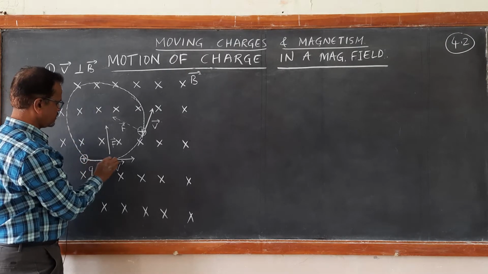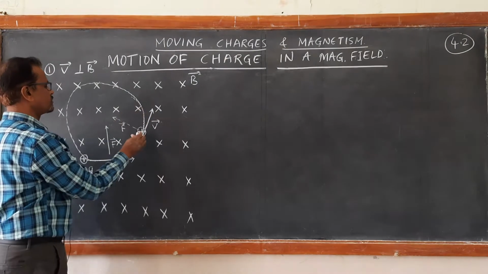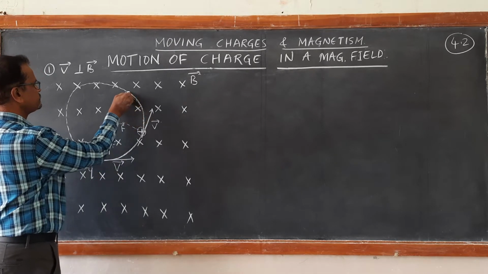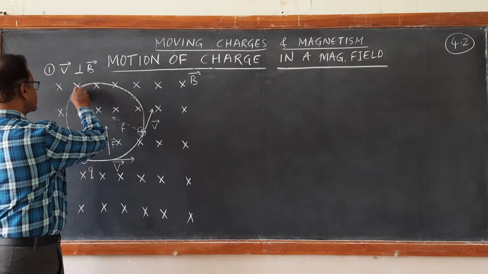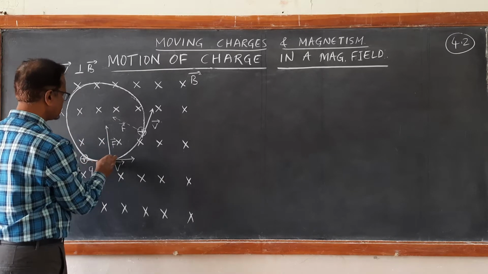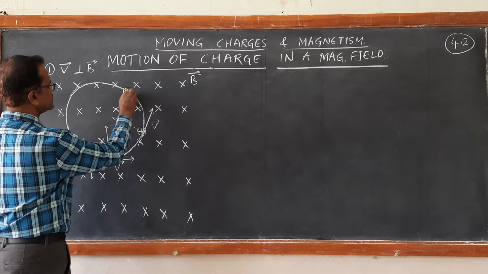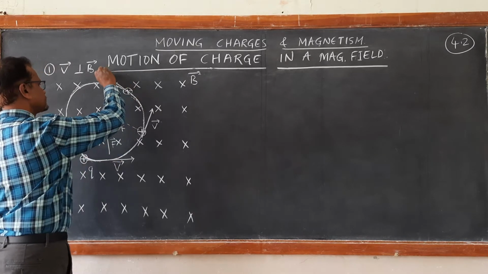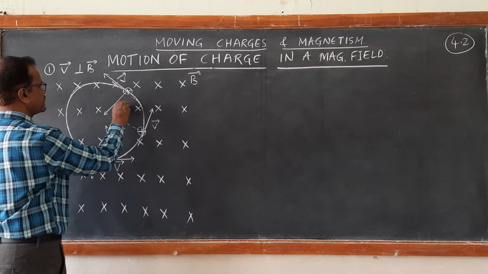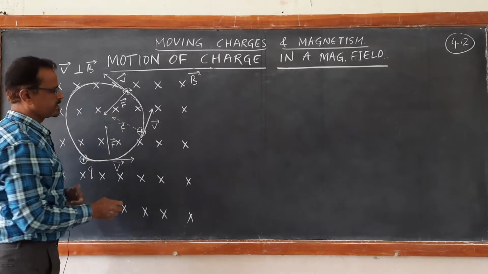So, it keeps on undergoing circular motion in this fashion. The reason behind this is the Lorentz force. The Lorentz force is acting everywhere. For example, if it has reached here, if you draw a tangent, the tangent gives you the direction of velocity vector, and the force is always acting perpendicular to this, again applying Fleming's left hand rule.